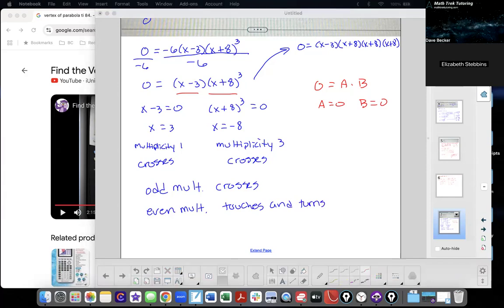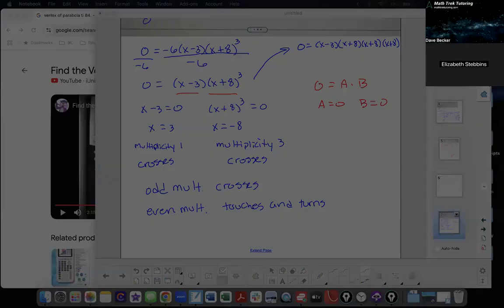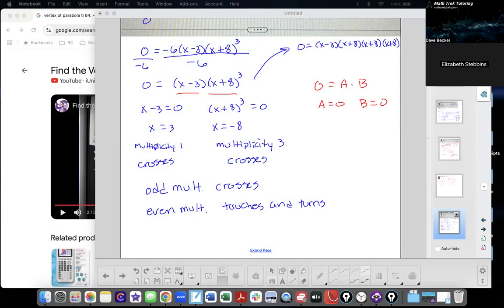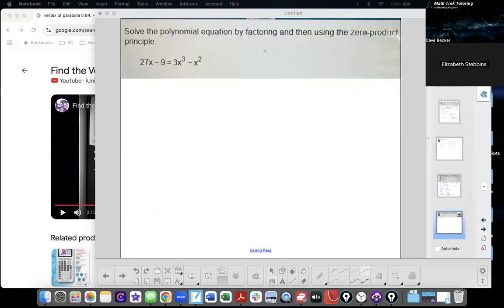All right. Where were we? Okay, so this is another one where you could use your calculator with the polynomial tools that you do have, a cubic.